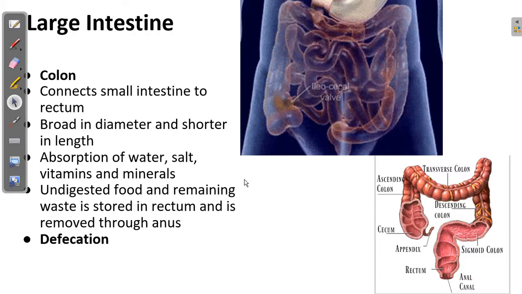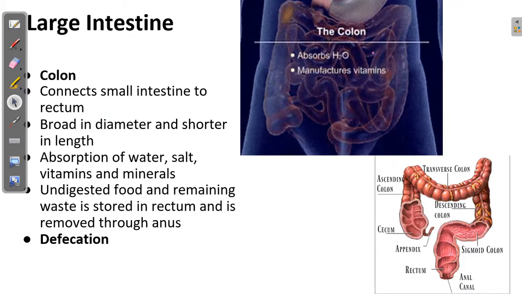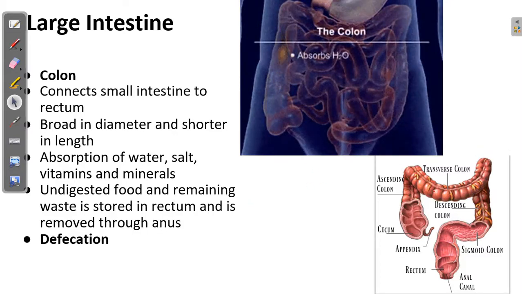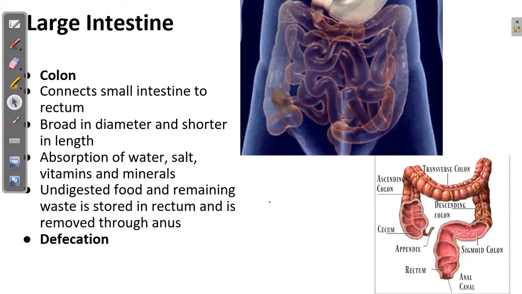It is a part which connects the small intestine to the last part of the digestive system, that is the rectum. It is called the large intestine, though you can see the length is smaller than the small intestine.